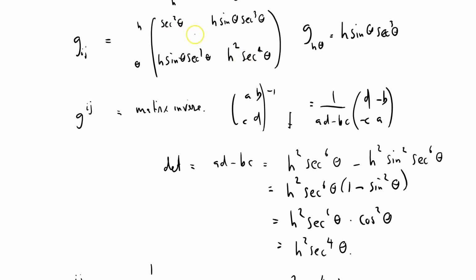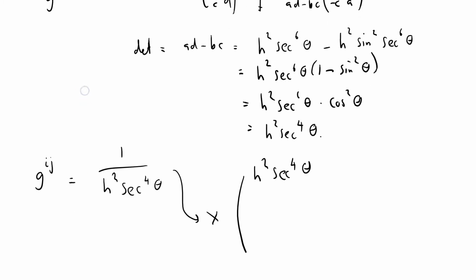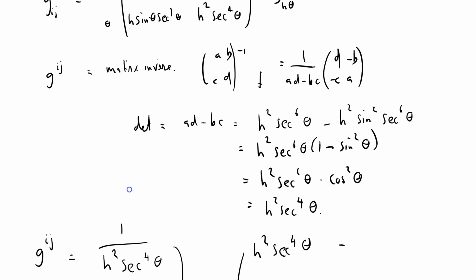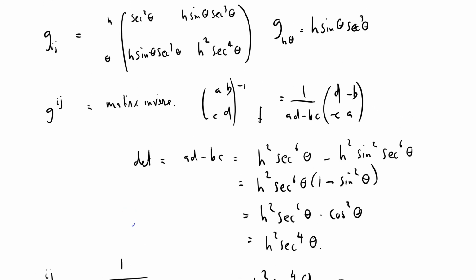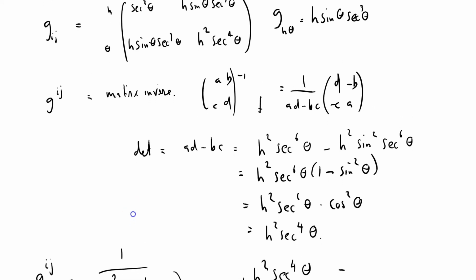Putting that up there, we swap these two guys around. So there is sec squared, and here we just change the sign. It's symmetric anyway, so it's non-diagonal but symmetric.